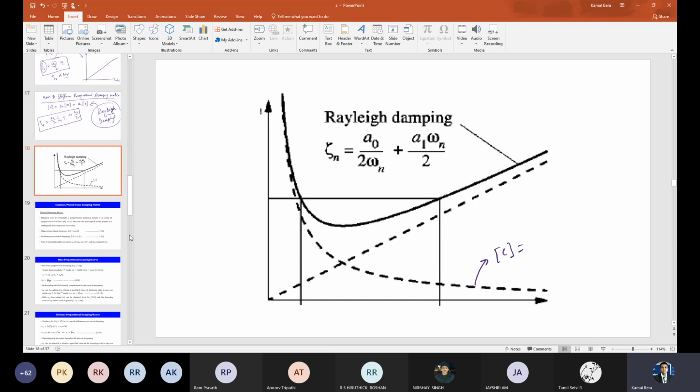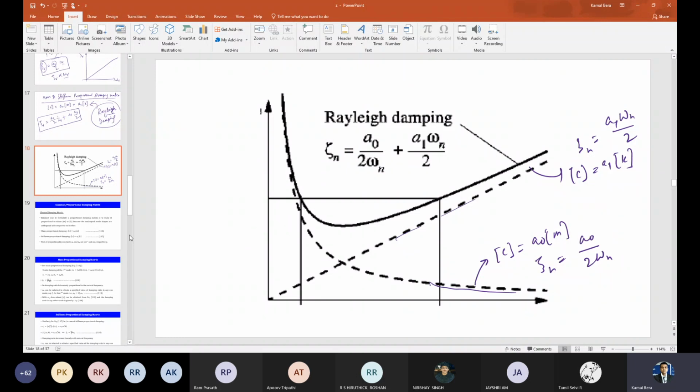So it is C equals A0 M. This one is C equals A1 K. So in this case, zeta N equals A0 by 2 omega N, and in this case, zeta N equals A1 omega N by 2. So first one is like this, second one is like this, the Rayleigh is like this.